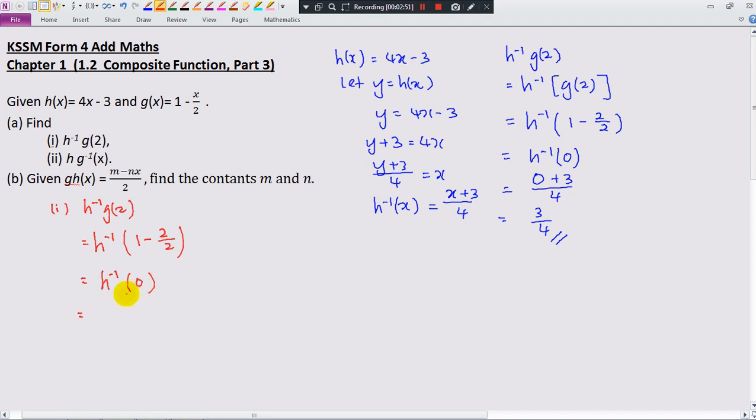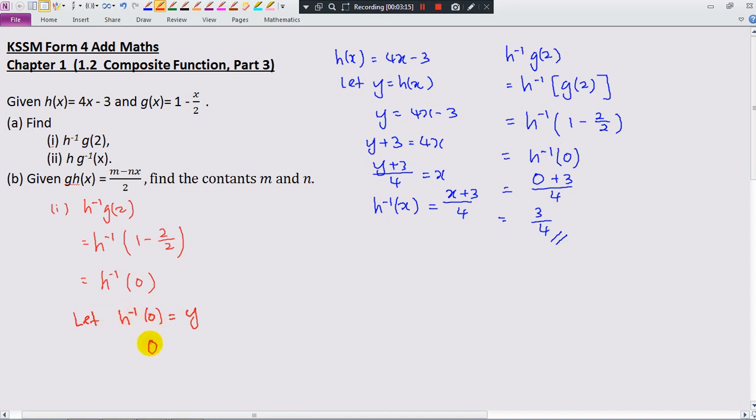Now assume that we didn't find the inverse function for h. So how do we get this value? You can do it this way. Let h inverse of 0 equal to y. So if I can get the value of y, I will get this value, correct?